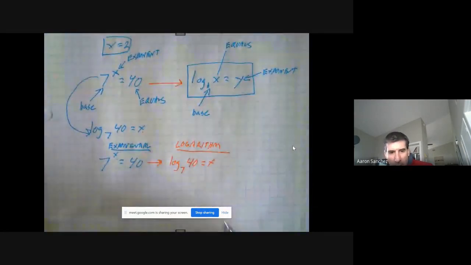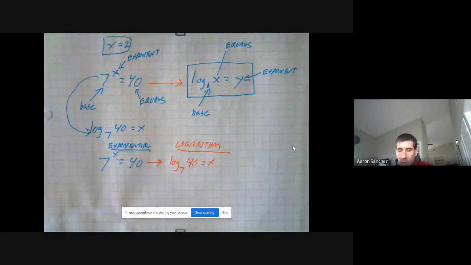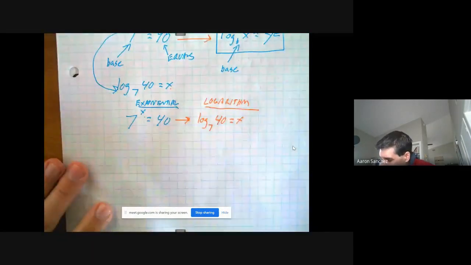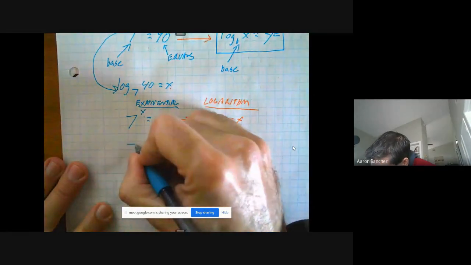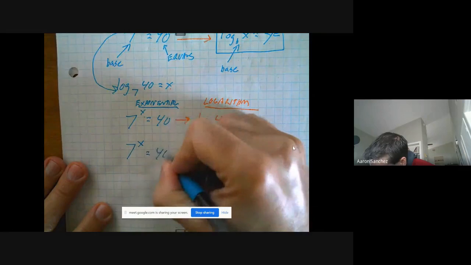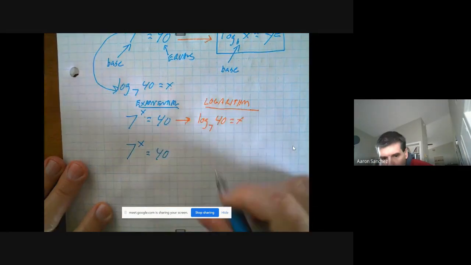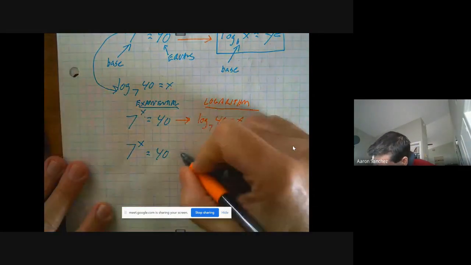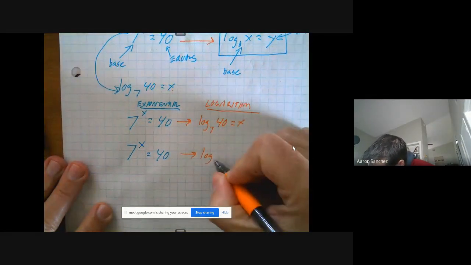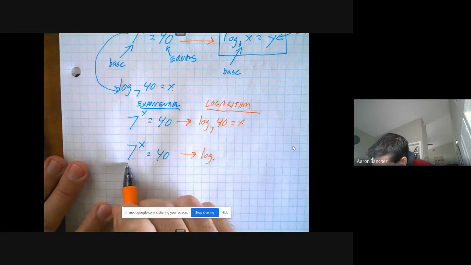And here's another way, I have it written down here. The way to help us write this is, I'm going to write it out twice. Watch how I write this, because I think sometimes it's easier when the teacher writes it. 7 to the x equals 40. That's exponential form. Now to write it in log form, you write the word log, little 7. First you do the base.